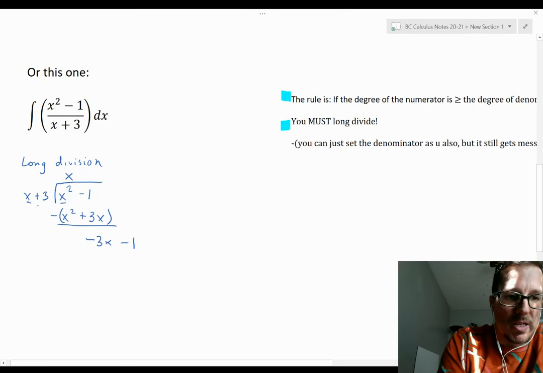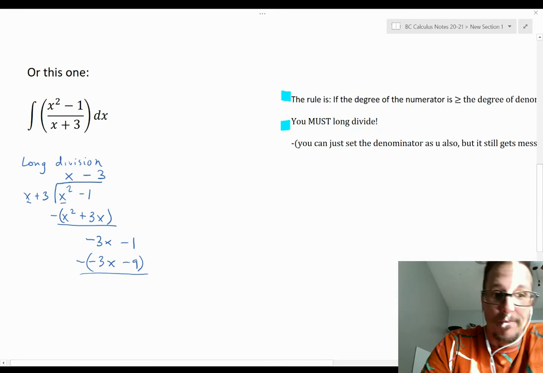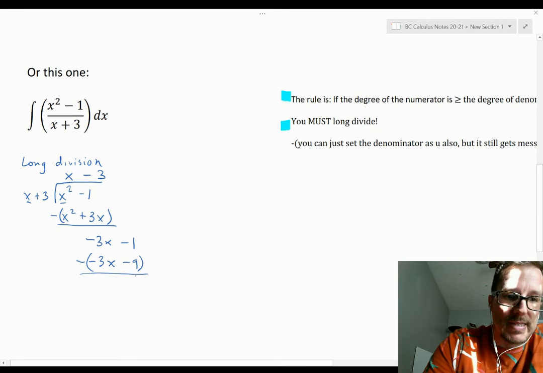So how many times does x go into negative 3x? Yup, that's going to be negative 3 times. So negative 3 multiplied by this quantity, we got negative 3x minus 9, and we're going to subtract that quantity. So negative 3x minus negative 3x, well, that's nothing. And negative 1 minus negative 9, that's negative 1 plus 9, that's 8.